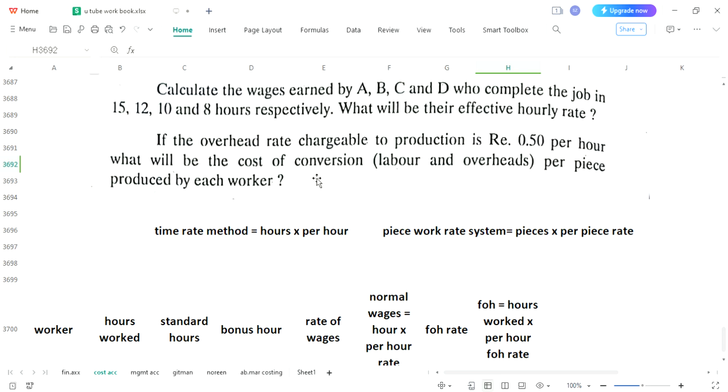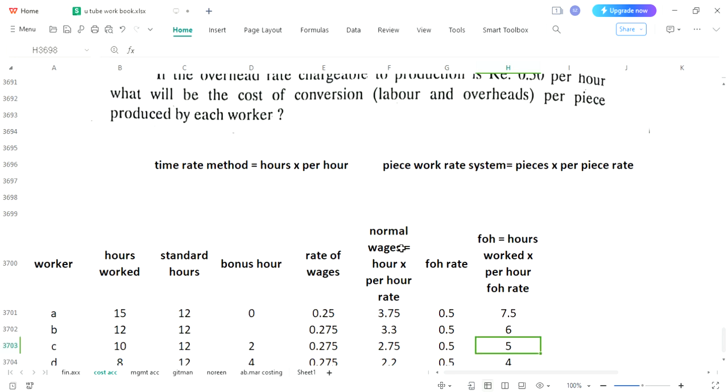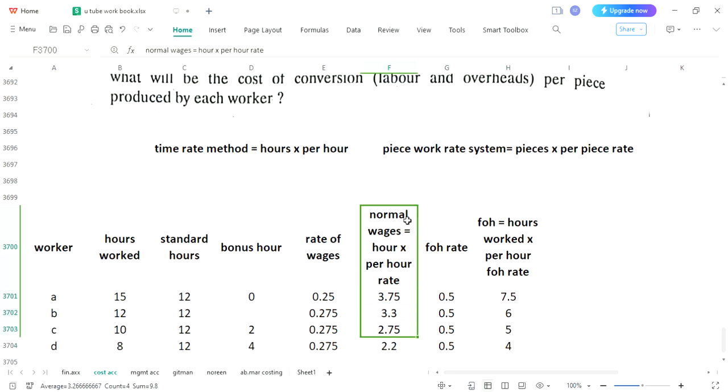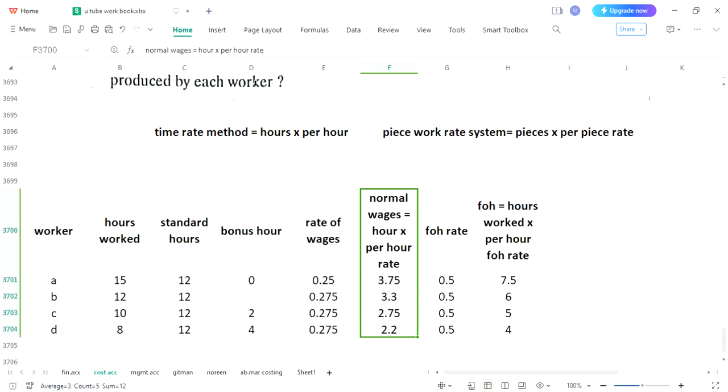And obviously you have calculated your labor cost and FH. So these are two columns. This is cost of your labor. We are marking it. And here you have calculated cost of FH.